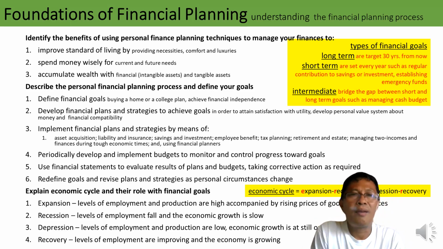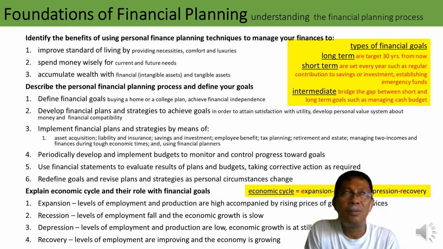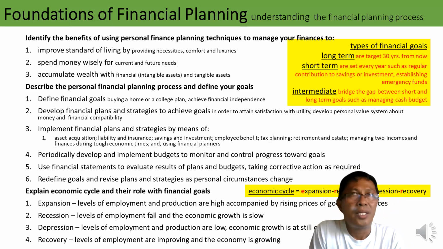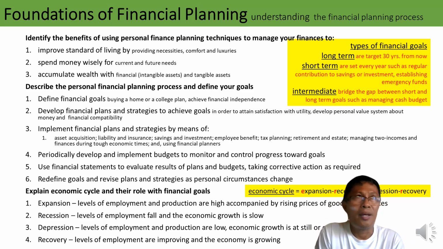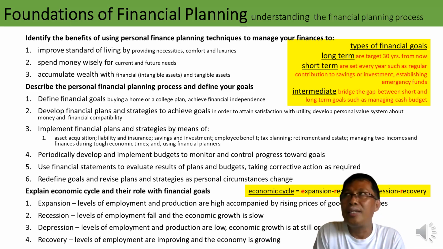Next benefit of personal planning is you spend your money wisely because it's planned already. How will you spend currently and how will be your spending behavior in the future times of your life. And then another benefit is that you can accumulate wealth. By accumulating, you will have your assets. And assets are defined as tangible and intangible.